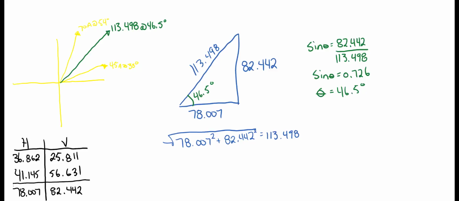Now let's go on to question 2B. Question 2B has two phasors. Phasor A is 120 volts at 145 degrees. Phasor B, or the second phasor, would be 80 volts at 65 degrees.